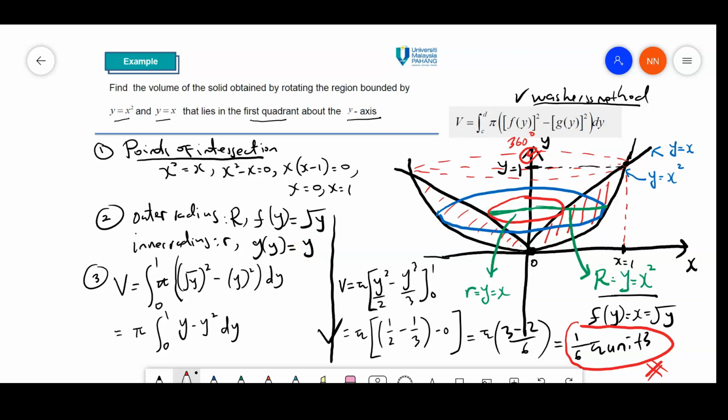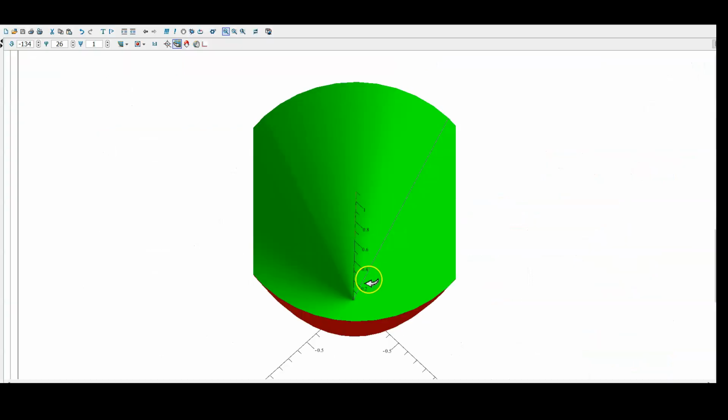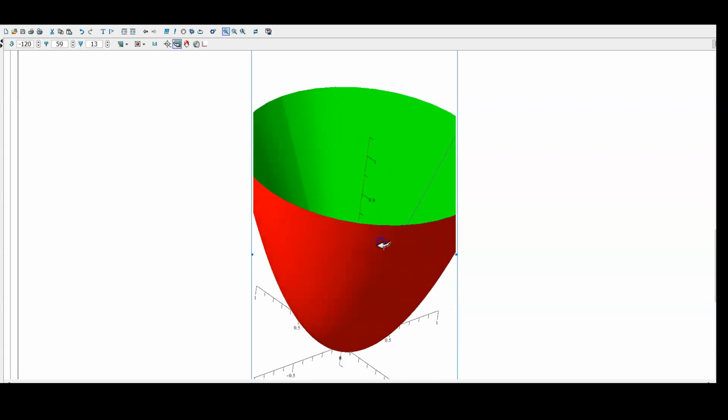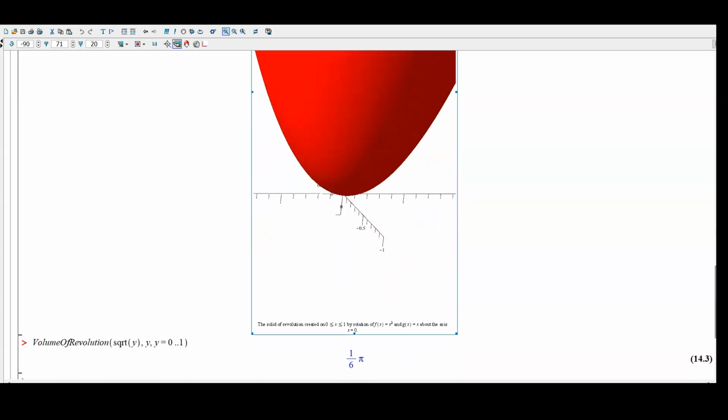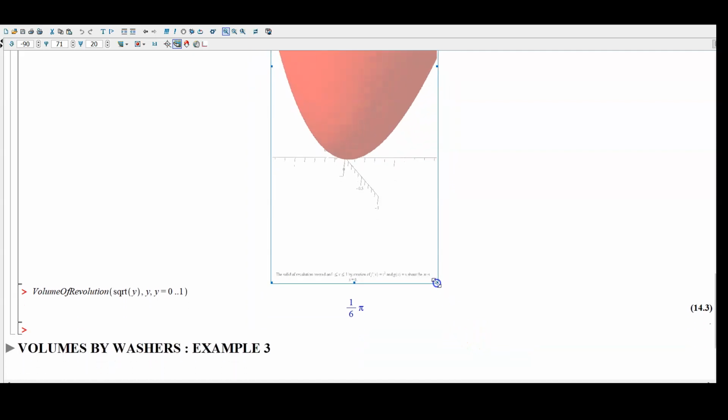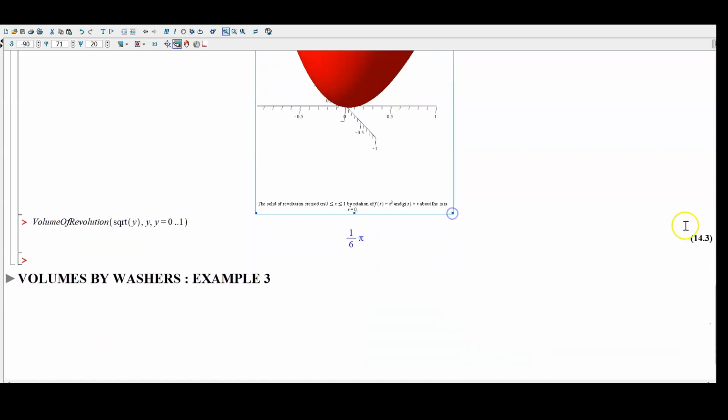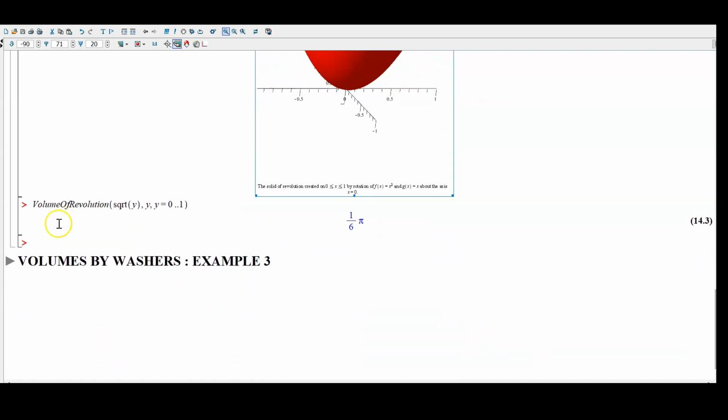This is our inner function, the straight line, and this is our outer function, given by the parabola. Then if we calculate the volume of revolution as we did, we get pi over 6.